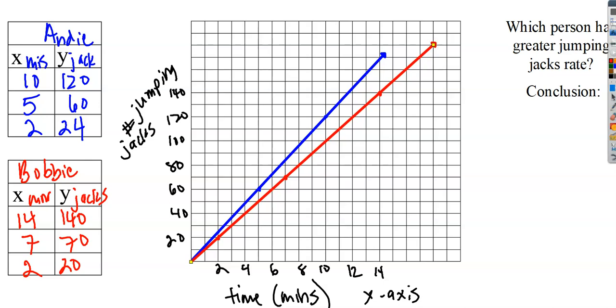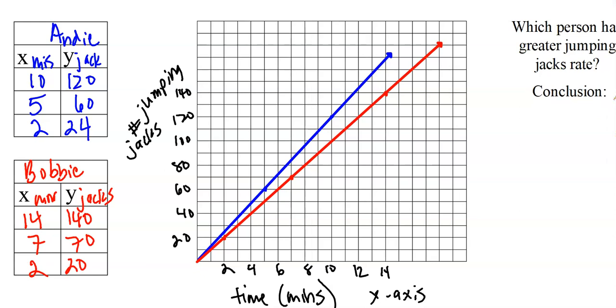Okay, so now that I have this great graph made, I can start looking at it and I can go, okay, so let's see, Andy, right? This is Andy's graph, and the red line represents Bobby's. And because the number of jumping jacks is on the y-axis, right now I can tell if Andy's line is steeper, then Andy has a greater rate of jumping jacks per minute.